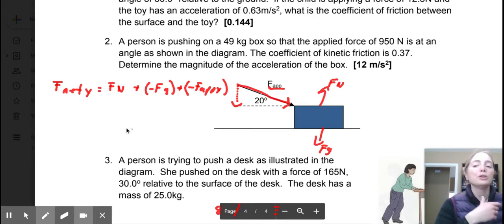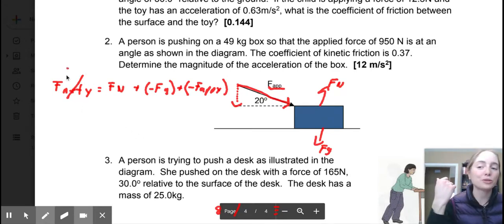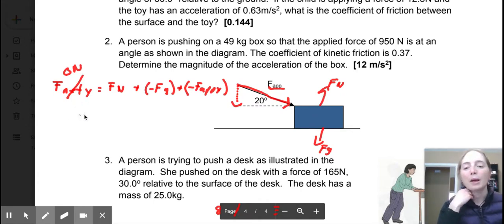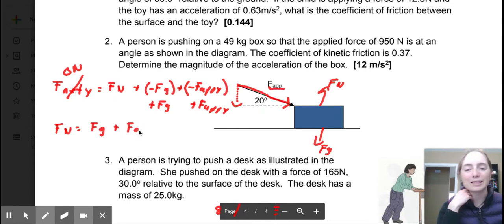Force net on the y is going to be 0 newtons because we're neither accelerating up nor accelerating down. And then I'm going to add over Fg, and I'm going to add over force applied on the y. So once I finish with this equation, my normal force is going to equal my Fg plus my force applied on the y.